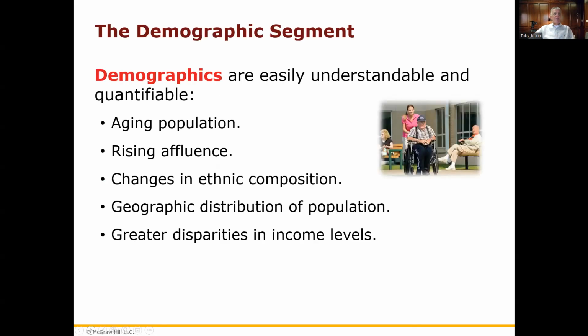First of all, demographics include things like some of the trends we're seeing, such as an aging population. I don't know how it is where you live, but out where I live here in Owasso, they're putting in an assisted living center, it seems like on every corner, because so many of the baby boomers are retiring and moving into retirement homes or assisted living. In general, we're seeing a higher level of affluence, at least here in the United States and really around the world too.